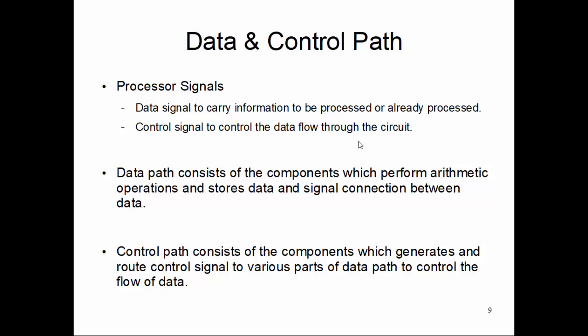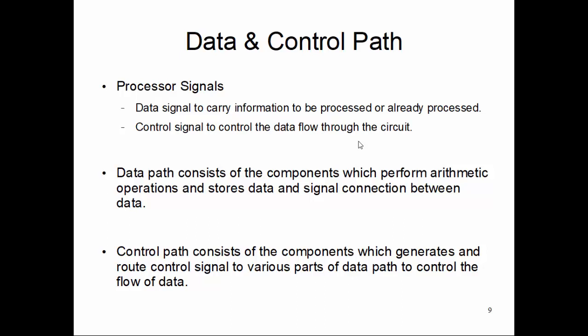Control signals control the data flow through the circuit. Maybe some part is crunching multiplication or division in terms of the ALU. So your controller circuit should direct the information towards the right data processing element so that this information can be processed.